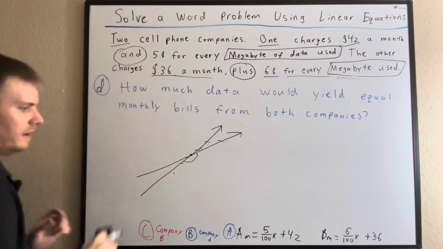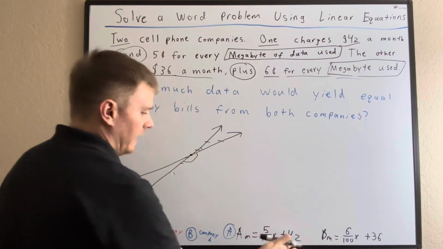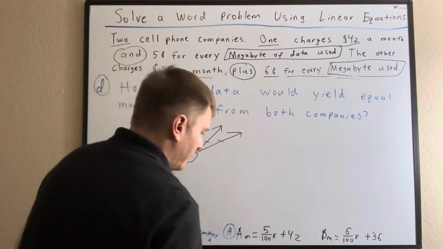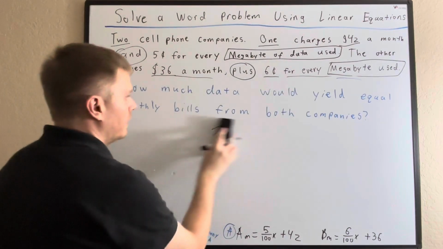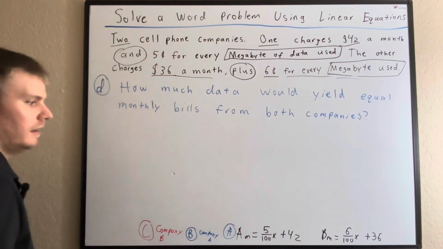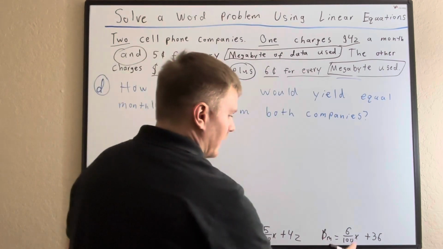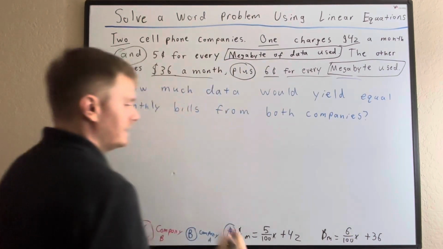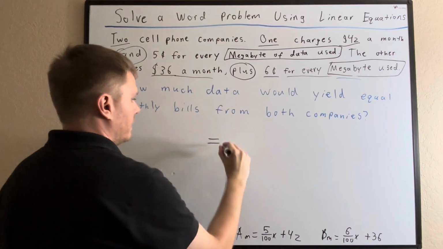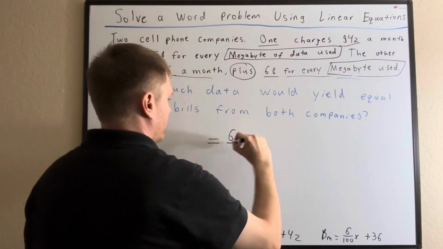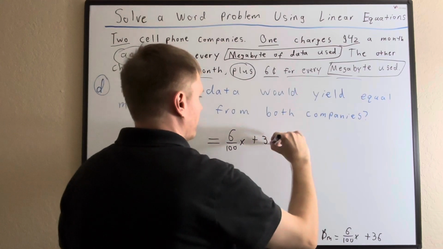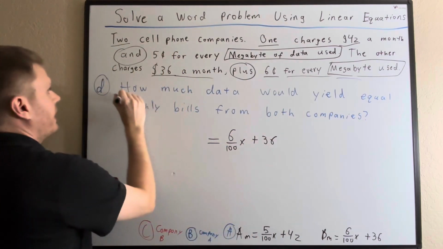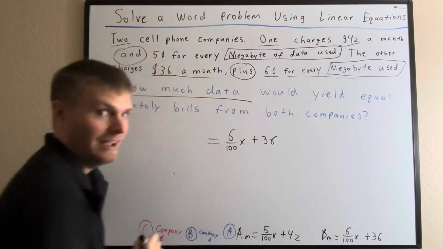Well, if company A's monthly plan is 5 over 100x plus 42, and company B's monthly plan is 6 over 100x plus 36, we want to find how much data, that's what they're asking.